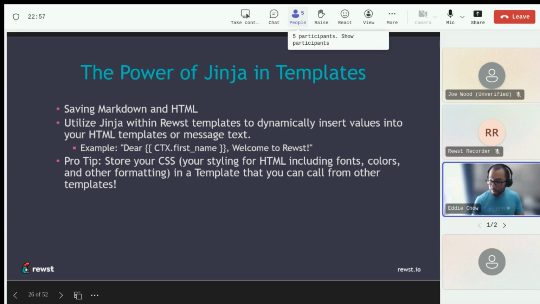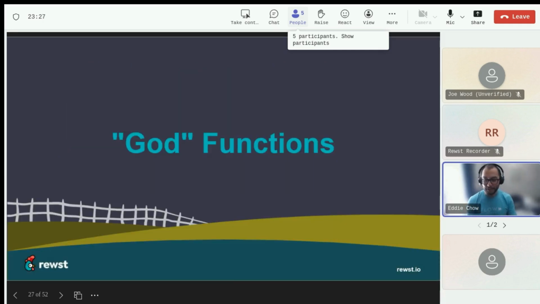Now, all of this is fine and dandy, but one of the temptations that some people have when we talk about abstraction is taking something that's really, really complex and then just drawing a box over it, and that's your sub workflow, right? It has all of this complexity, all of this stuff behind it, and this is actually technically an anti-pattern, something that we want to avoid. These are known as God functions.